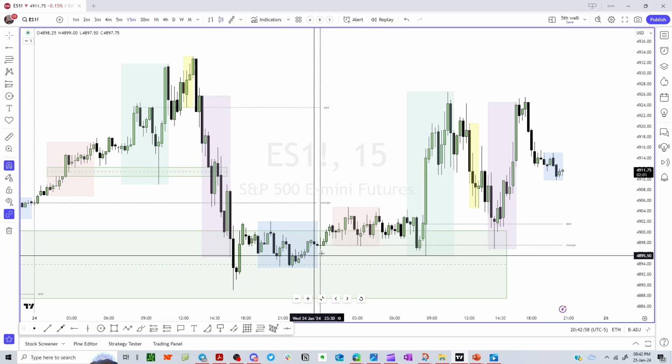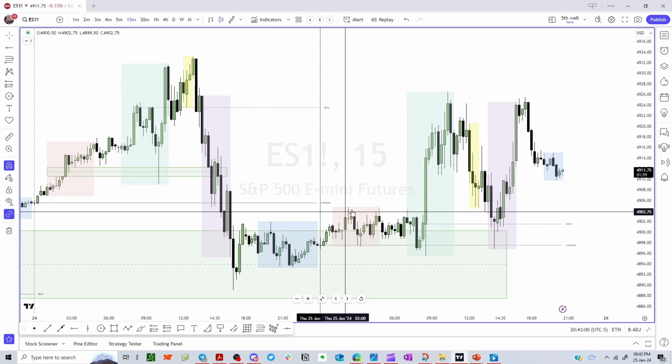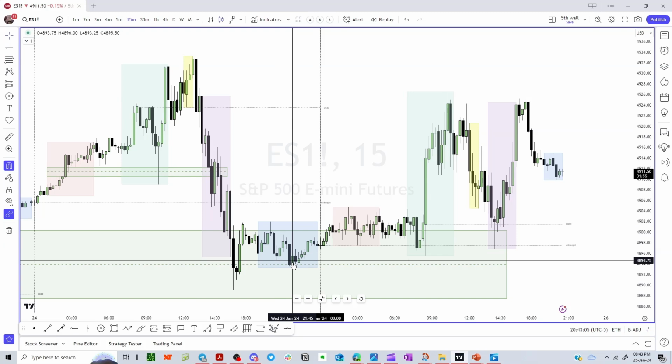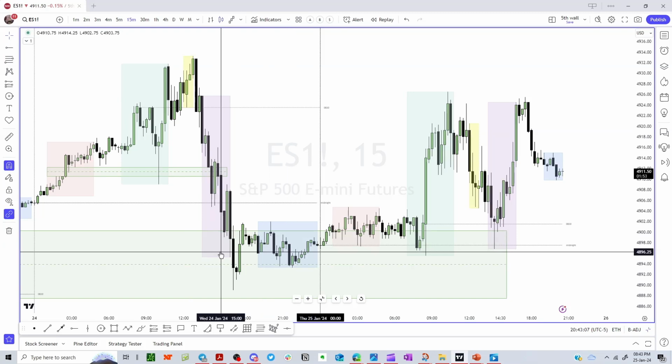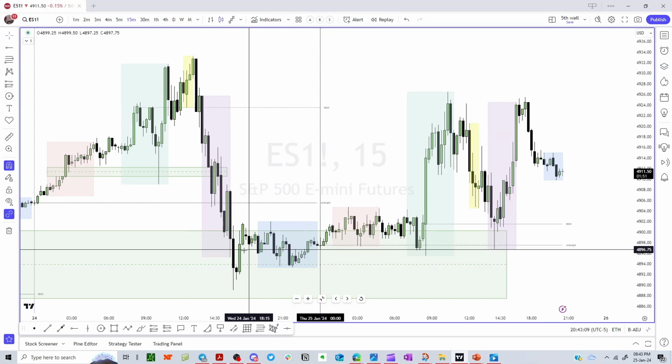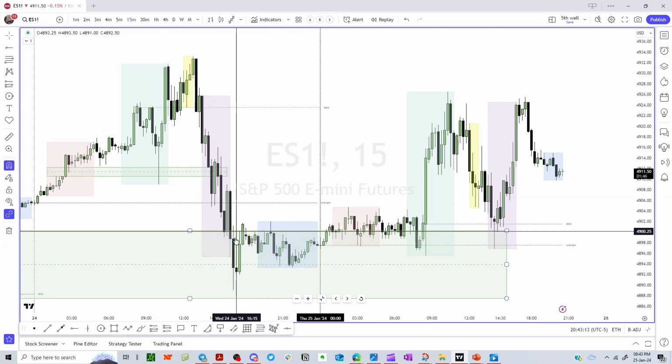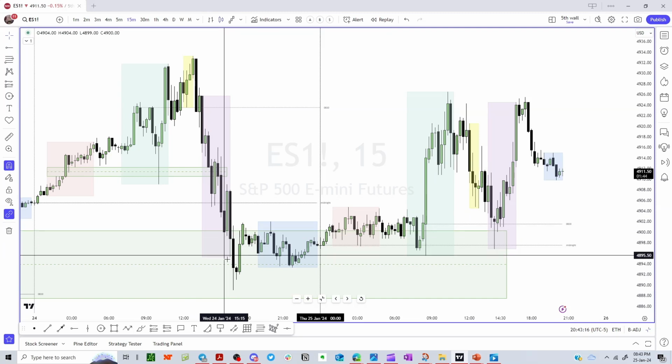So yeah, and you can see here, just thinking about in terms of targeting. Here you have price. The London, the Asia session ran below. Oh, we have this run below the PM session lows.